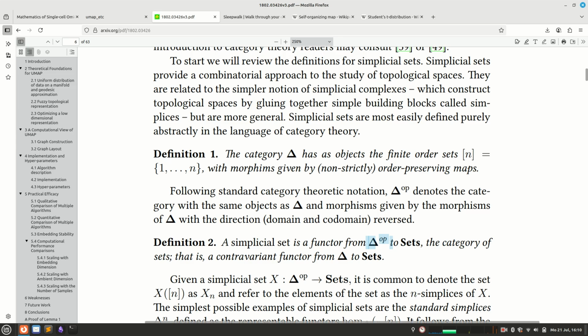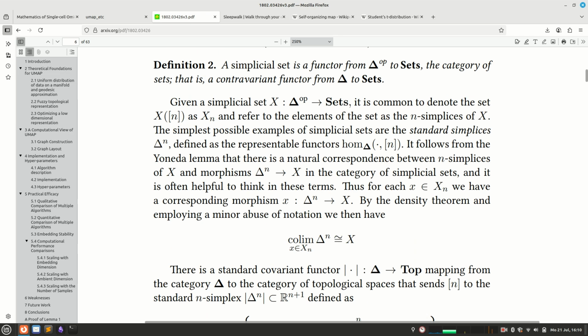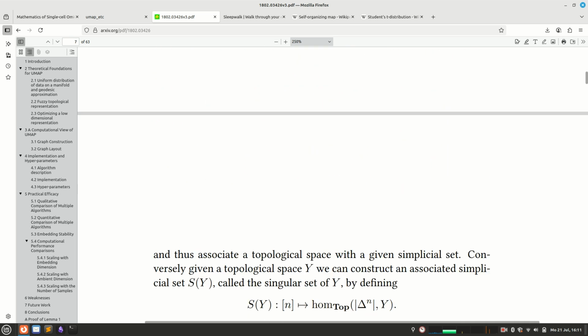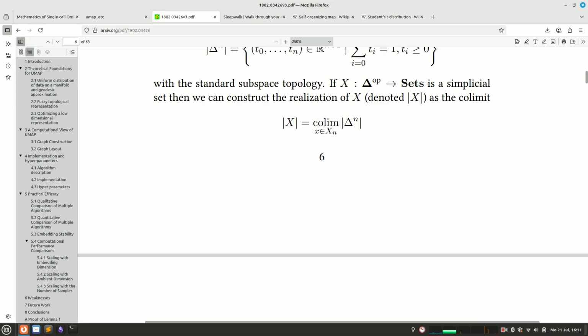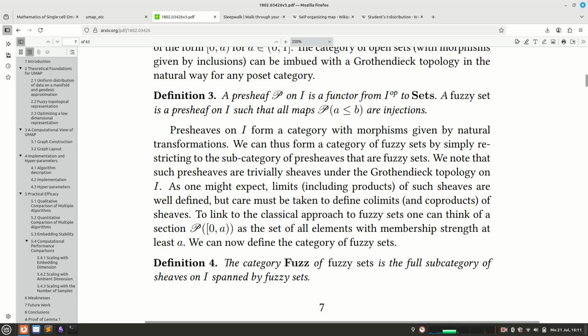And you wonder, what the hell does this do? Here, this thing from this category, which somehow maps to the category Top, and there's even a colimit. So yes, everybody was very impressed that all this advanced category theory and all this advanced topology can now give something as practical as UMAP.